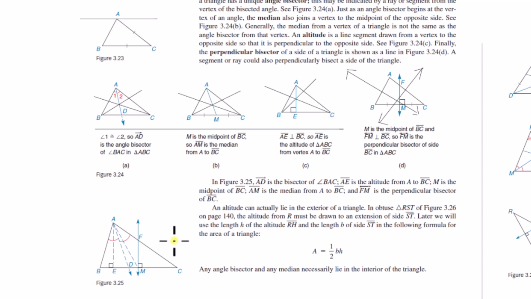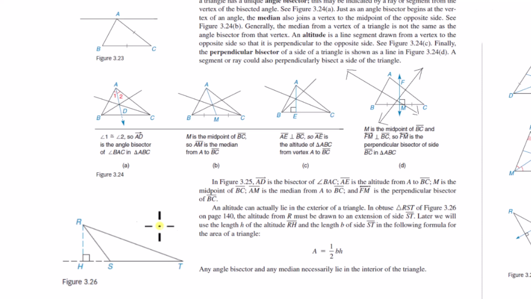Okay, so now some attributes of these auxiliary lines. If we think about the altitude line, this is coming from the vertex going to the opposite side, perpendicular to the opposite side. In some cases, an altitude can lie in the exterior of a triangle. Okay, so let me bring in this figure over here, figure 3.26.